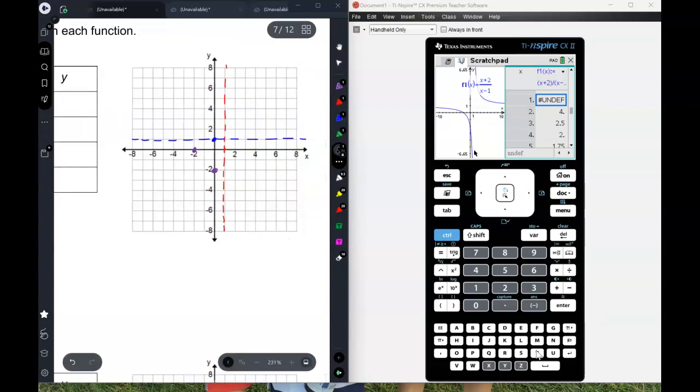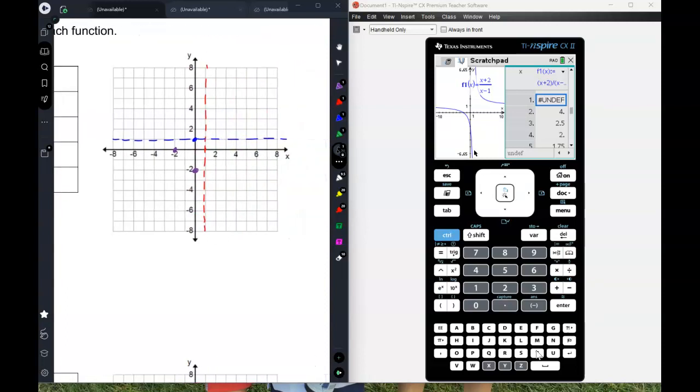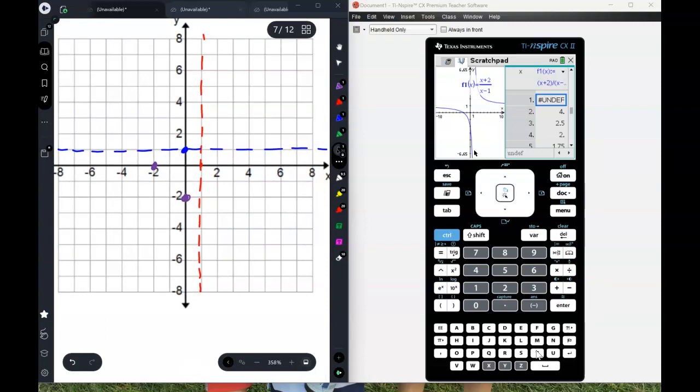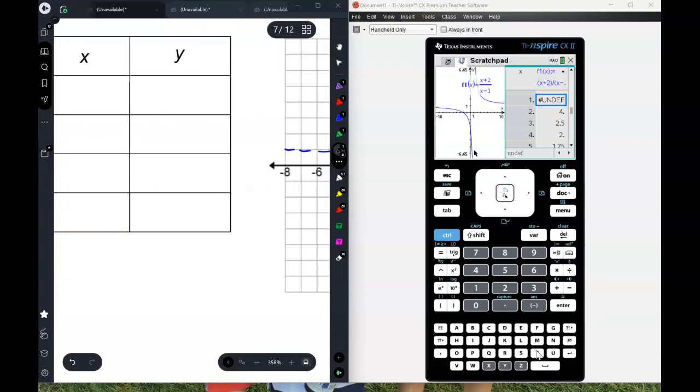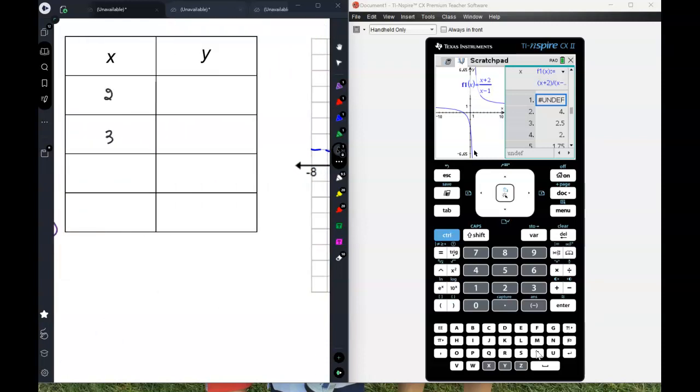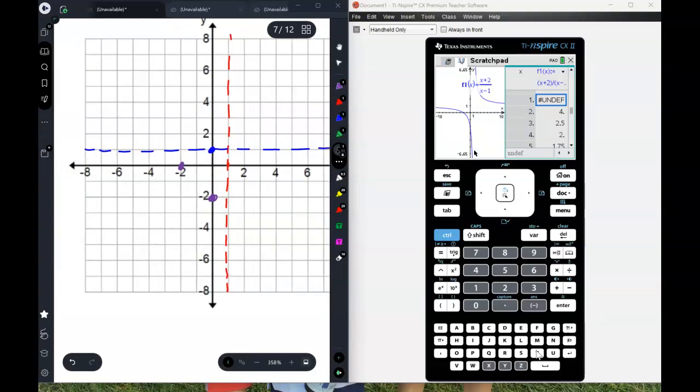Now, what we're going to do, can everybody look up here for a minute? The vertical asymptote is right there at x equals 1. I want to make sure to pick at least 2 points from the right of that and 2 points from the left of that. So I'm going to pick 2 and 3 here, after it, right?